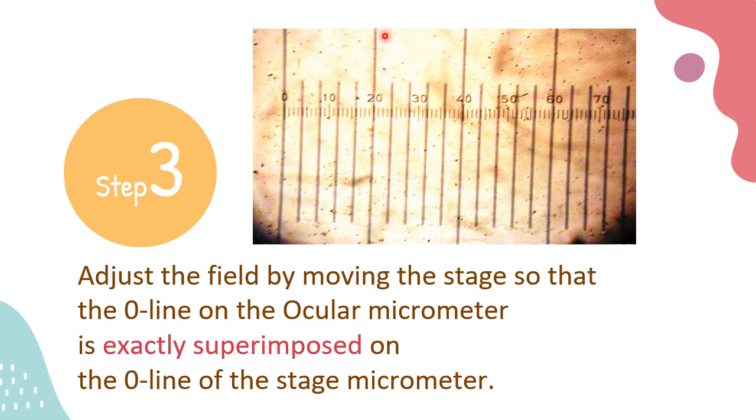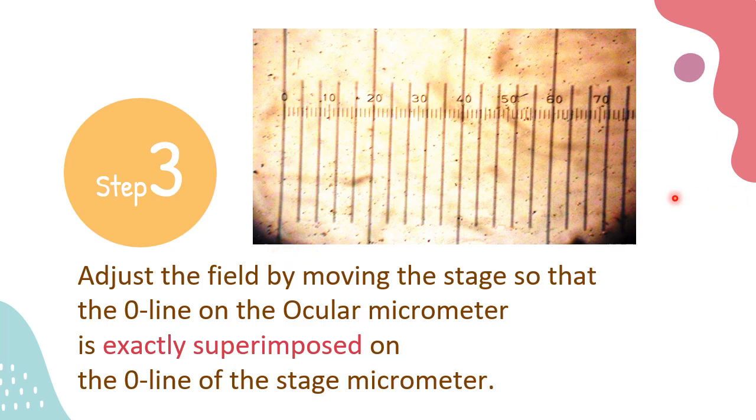So adjust the field by moving the stage so that the zero line on the ocular micrometer, this one with the zero, that's the ocular micrometer, is exactly superimposed on the zero line of the stage micrometer. Okay, so make sure that two zeros are directly and exactly superimposed for the accurate calibration.